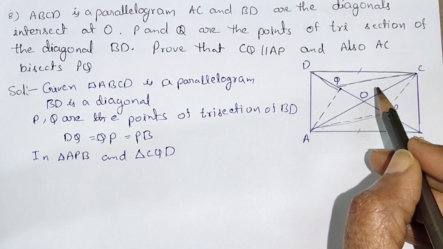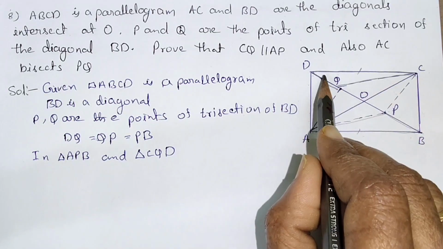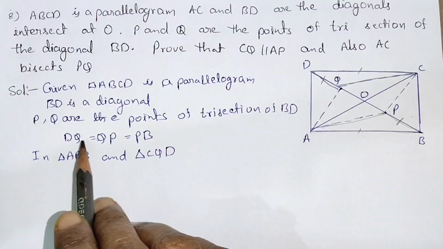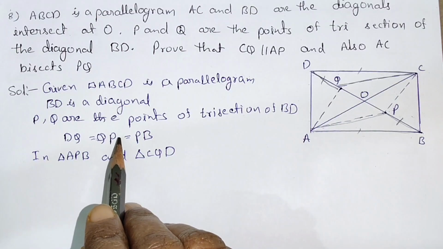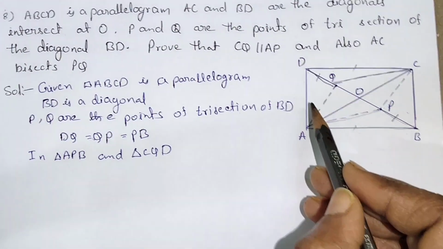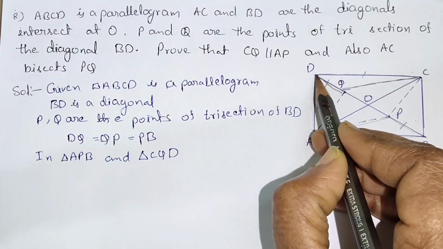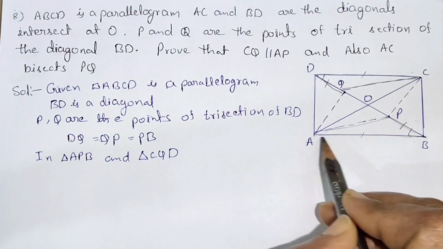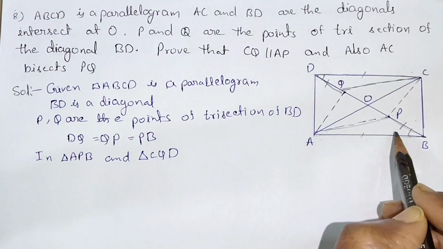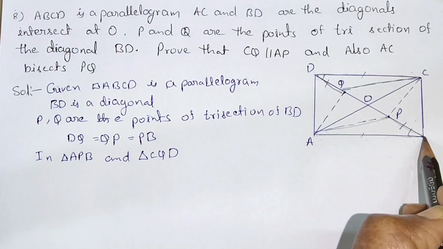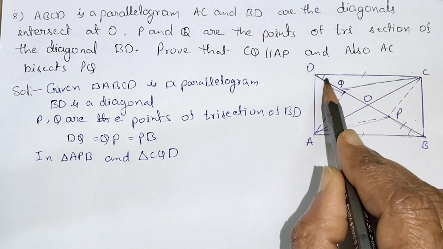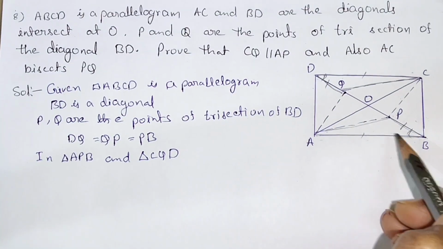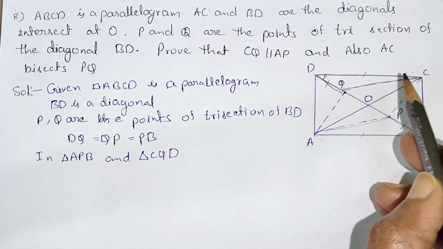Next, DQ equal to PB, given in the question. Next, angle ABP equal to angle CDQ, because DC and AB are parallel sides and DB is a transversal. These two are alternate interior angles. These two are equal. So now these two triangles are congruent.